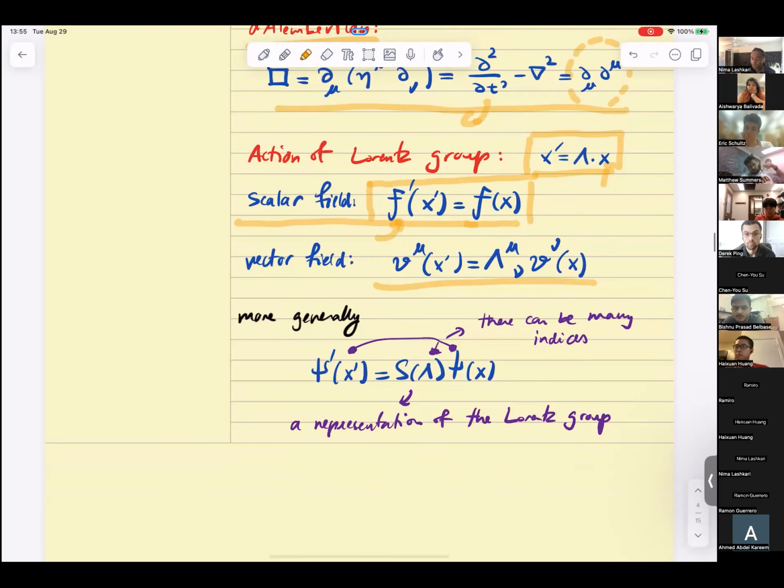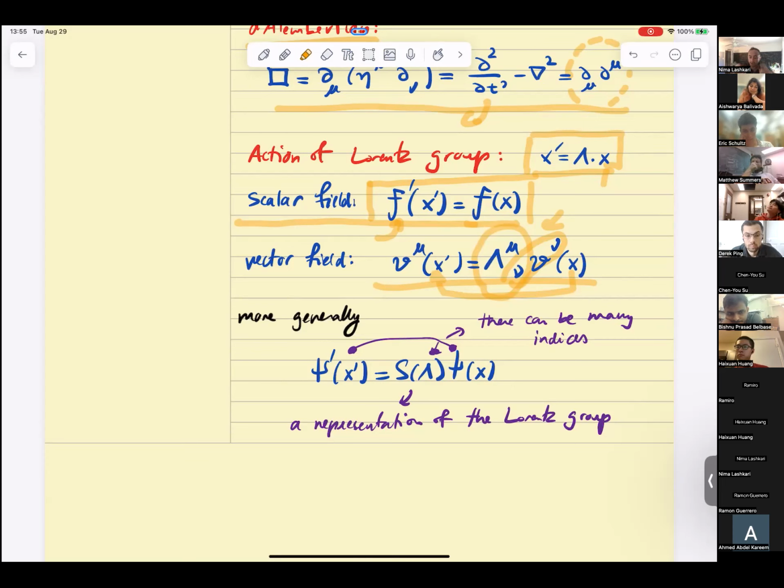If it's a vector field, it carries a Lorentz index. So when you multiply, you have to contract these indices. Of course, x goes to x prime, but some overall matrix acts on this vector field, right? This is how vectors transform under a Lorentz transformation. This is not mysterious. If you get confused, think about two-dimensional rotations. It's just how a two-vector transforms under a two-dimensional rotation.